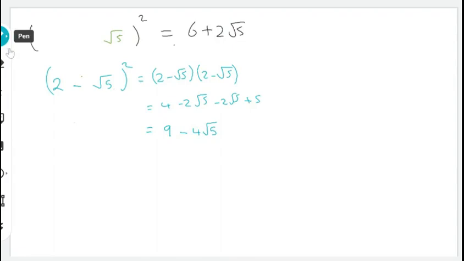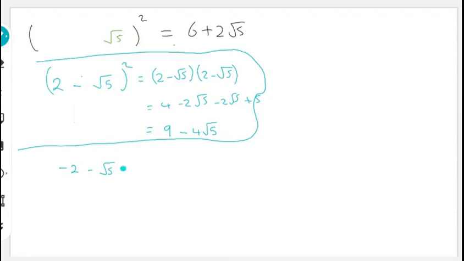We could make the whole number a negative. What, as in minus 2? Yeah, we could do that, I guess. So minus 2 minus root 5 instead. Okay.